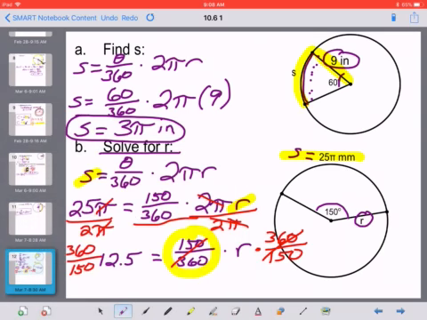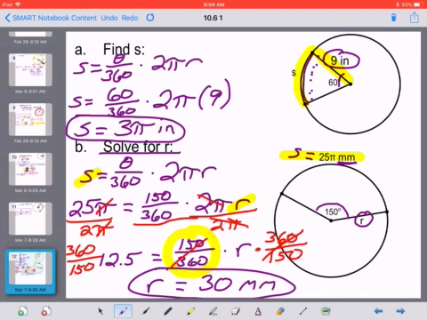The r is all by itself on the right-hand side, so I'll move that left and get r equals. At this point, I would grab our calculators and type in 360 divided by 150, and then multiplied by 12.5, and that gets me a nice clean answer of 30. Since a radius is a length, our units were millimeters, so our radius is 30 millimeters.